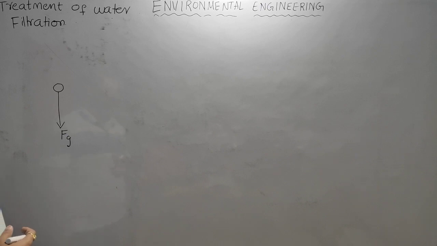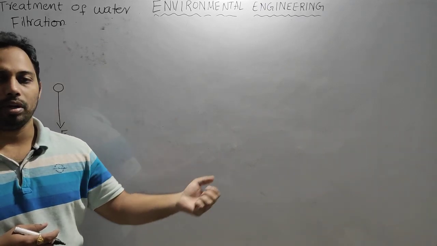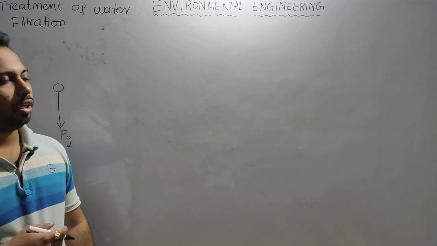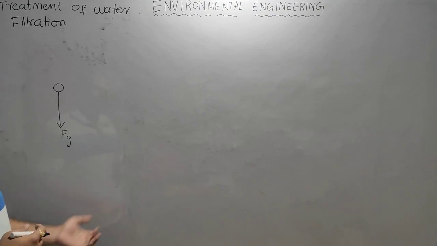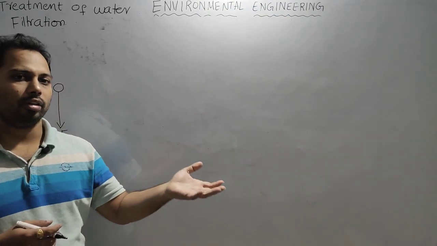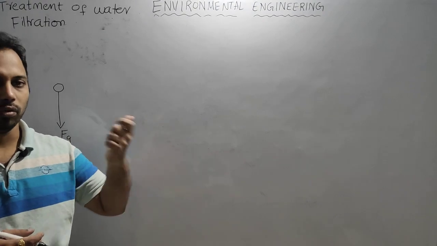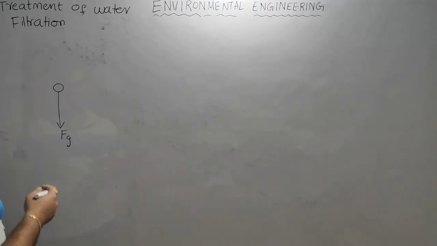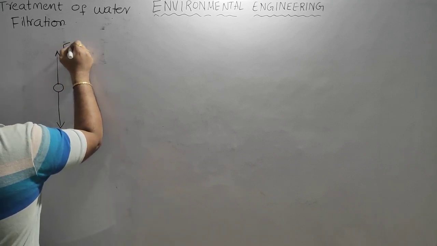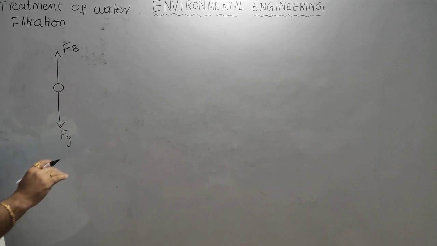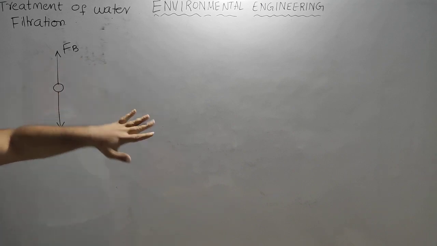That is why we need to safeguard the filter media from that high velocity, high pressure water, and so we need to use some fluid mechanics concepts here. Whenever we apply that kind of pressure from the bottom, it causes a buoyancy force inside the material. I am analyzing this for a single material and then I will apply this concept to the whole material.